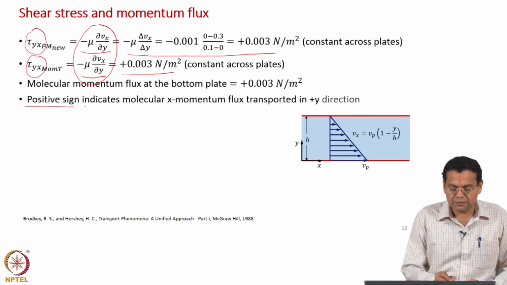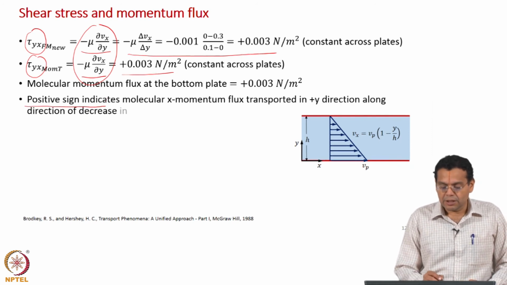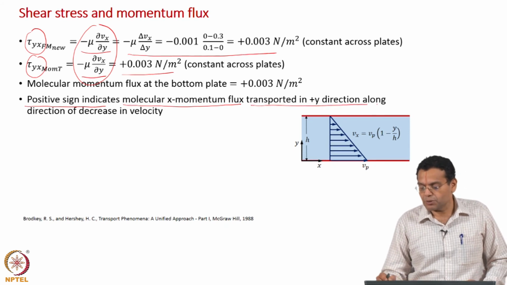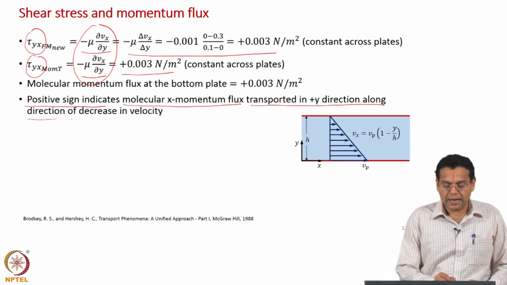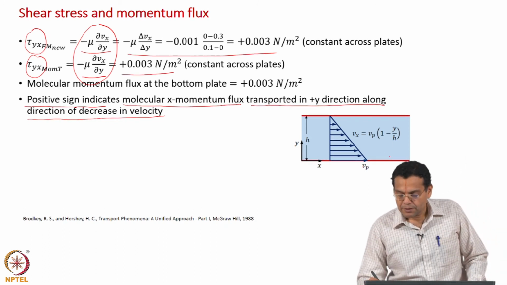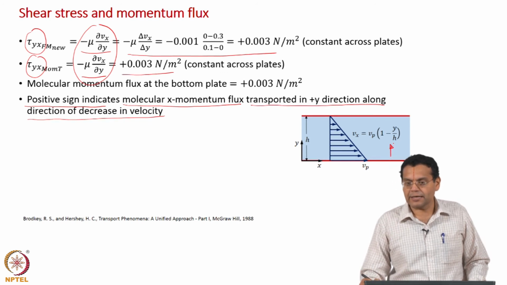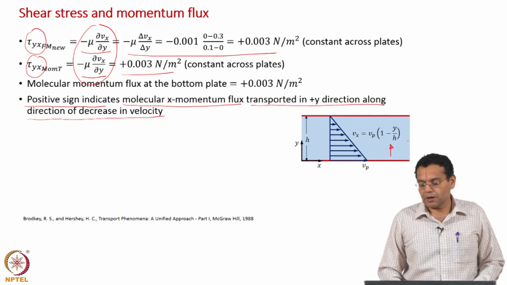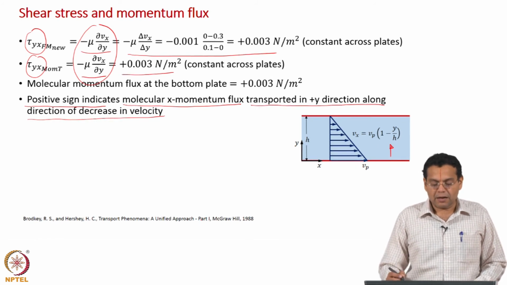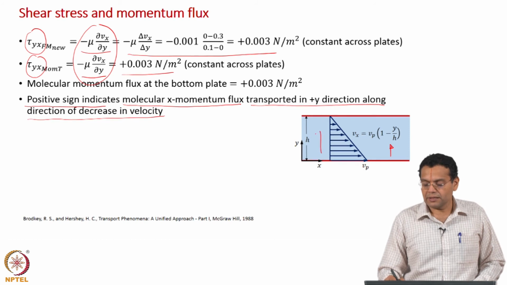If you have a positive sign, it indicates that molecular x momentum flux is transported in the positive y direction, along the direction of decrease in velocity, a very complete description. Molecular x momentum transport into the positive y direction. Why is it along the positive y direction? Because the flux is positive and along the direction of decrease in velocity.